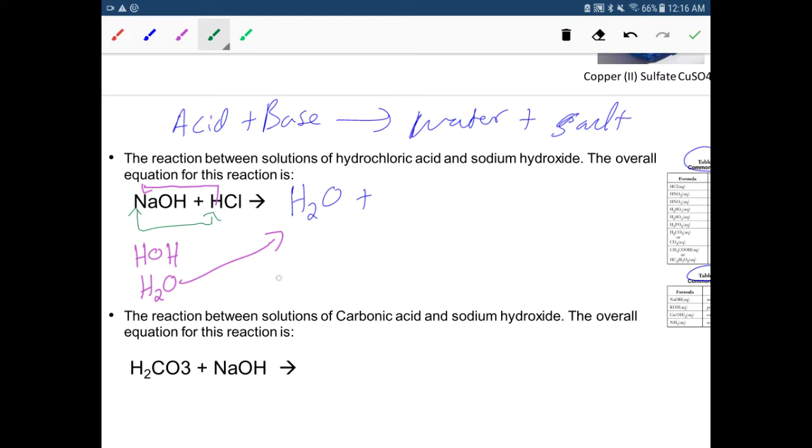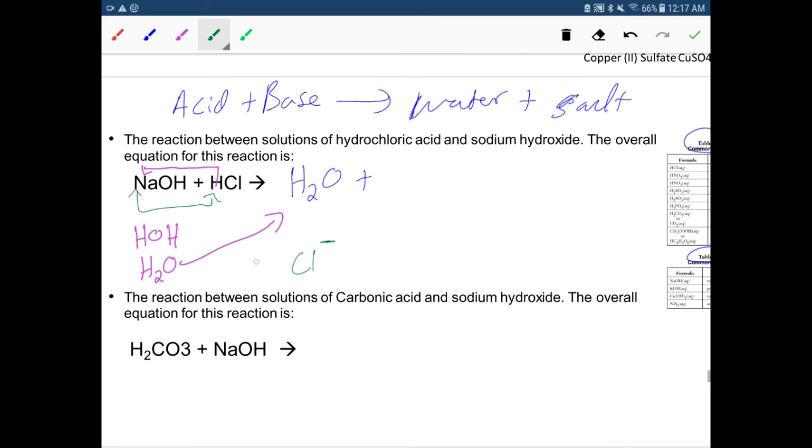So here you have Cl minus and Na plus. In an ionic compound, you have to balance the positive and negative charges in order to get a neutral compound. Here you have one minus and one plus, so the ratio between the Na and Cl is going to be 1 to 1, because they cancel out, giving an overall charge of 0. So it's going to be NaCl.